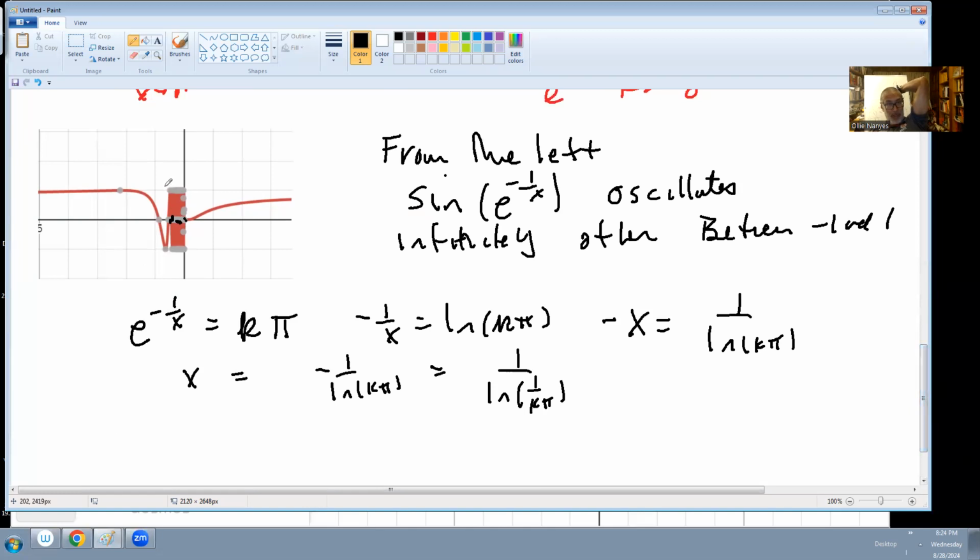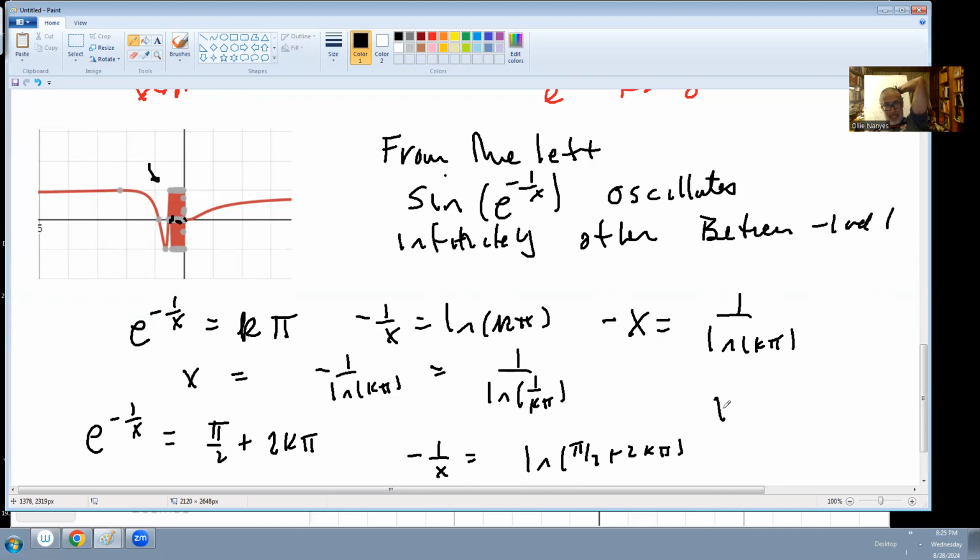On the other hand, if we want to look at these points where the function is 1, we have, let's say, 1 over x equal to pi over 2 plus 2 k pi. Same sort of thing: log of pi over 2 plus 2 k pi, or x is minus 1 over log of pi over 2 plus 2 k pi.